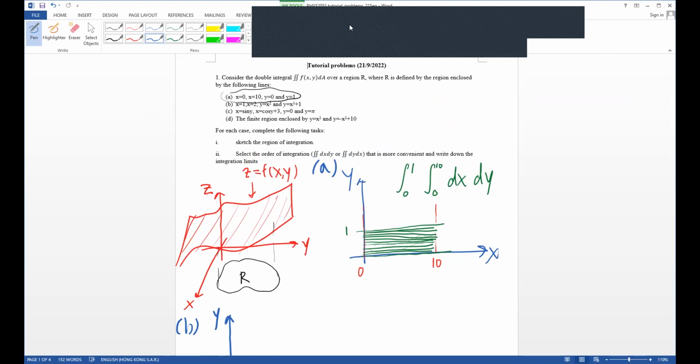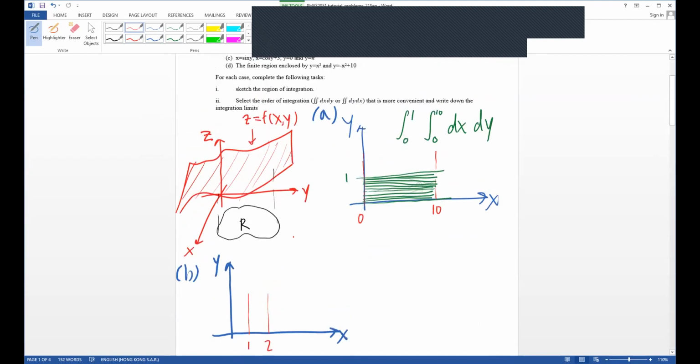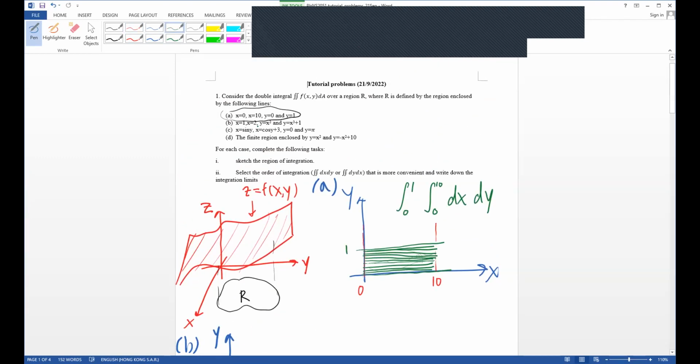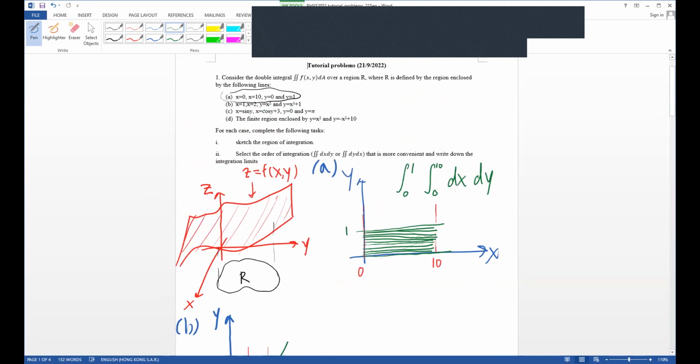This time, what do we have? Again, we have two constant boundaries for X. Let me draw x equals 1 and x equals 2. Now for the other two curves, y equals x squared is a parabola. And then I have y equals x cubed plus 1.